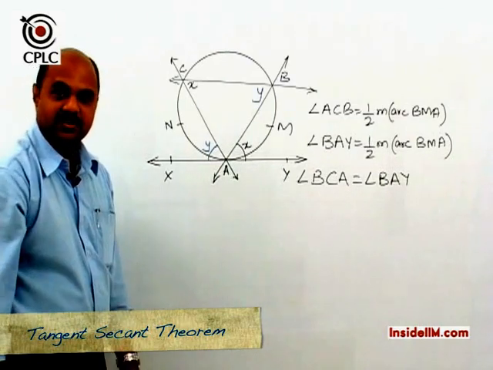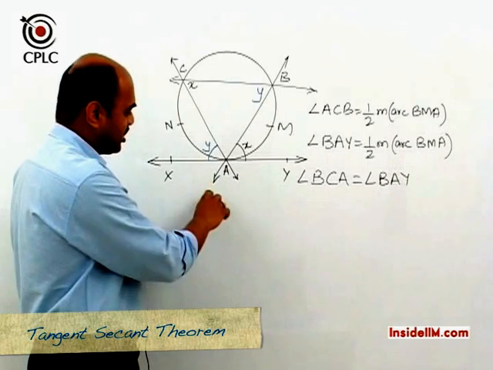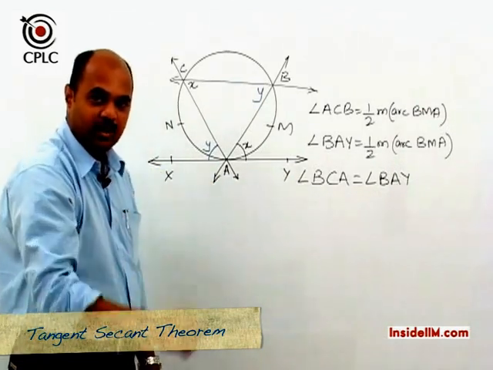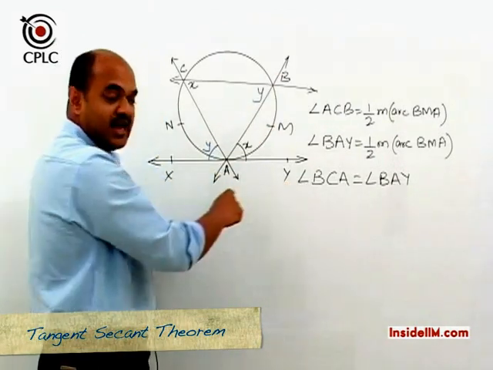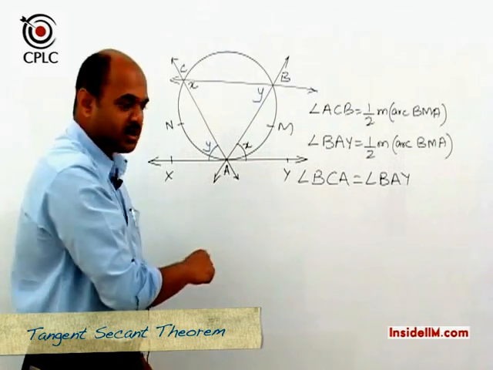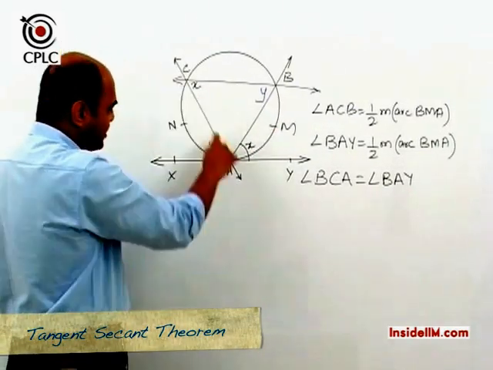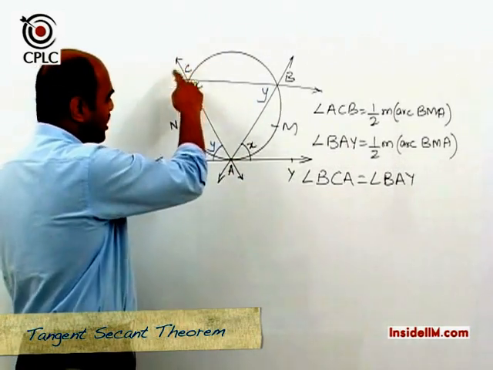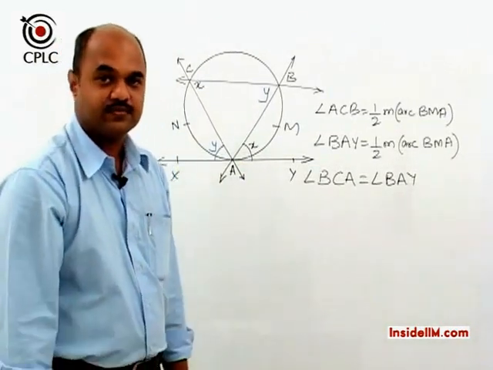This is completely dependent on our observation that since the tangent touches the circle in exactly one point A, angle BAY is the angle subtended on the circumference by arc BMA, and similarly angle CAX is the angle subtended on the circumference by arc CNA. This is the tangent secant theorem.